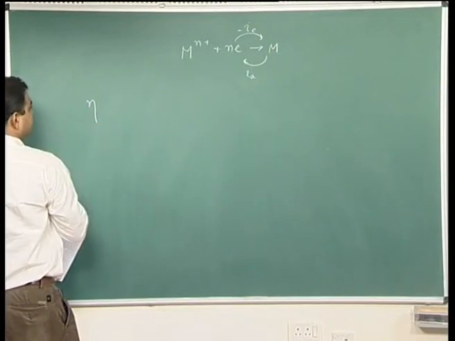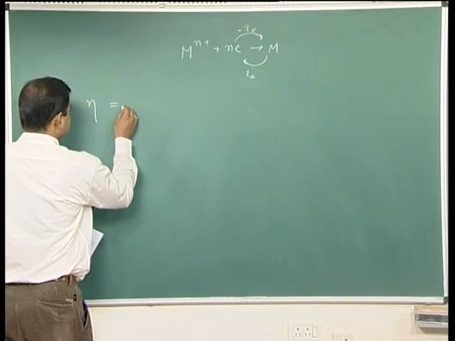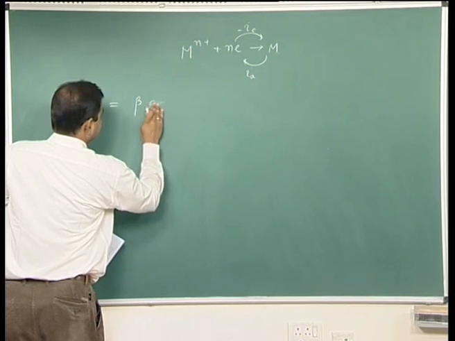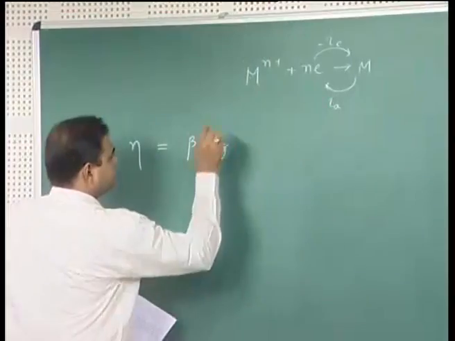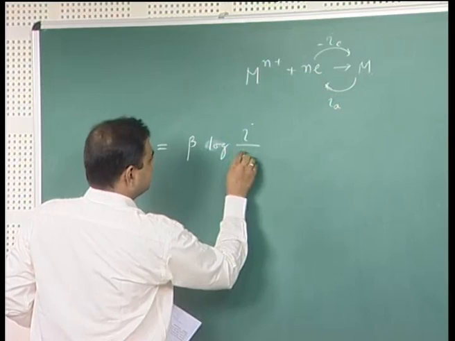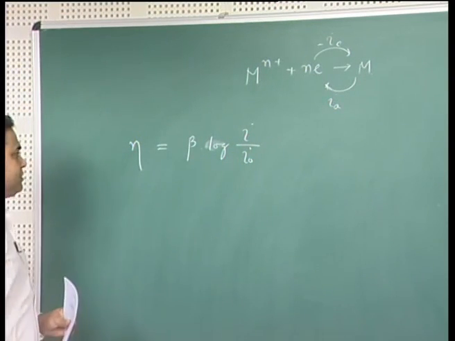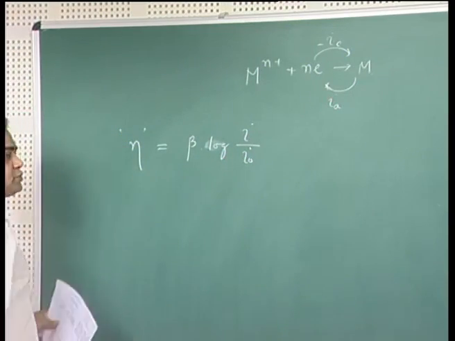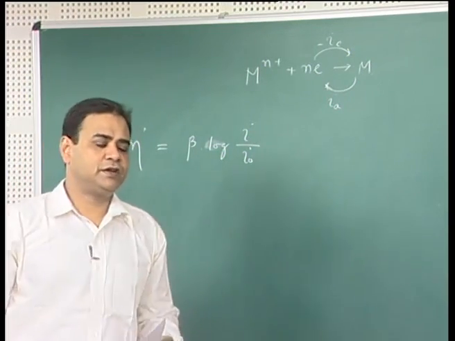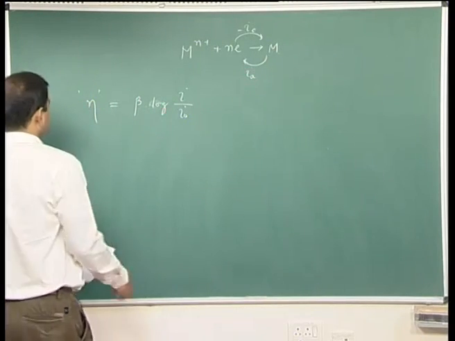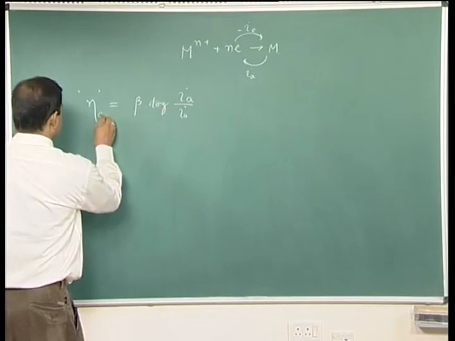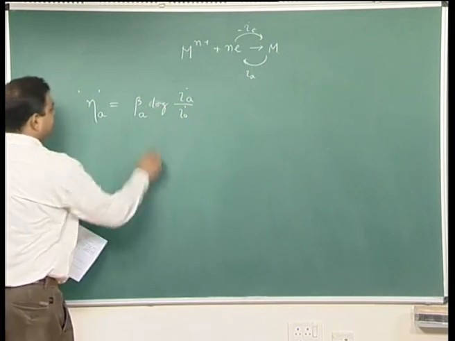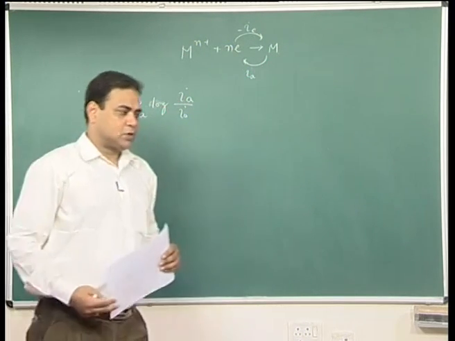We have found out the expression, which is my general expression, where I initially started with the total polarization, and then finally if it is anodic side, then we have put it I A, and this is eta A, and this is beta A, which is the Tafel slope.